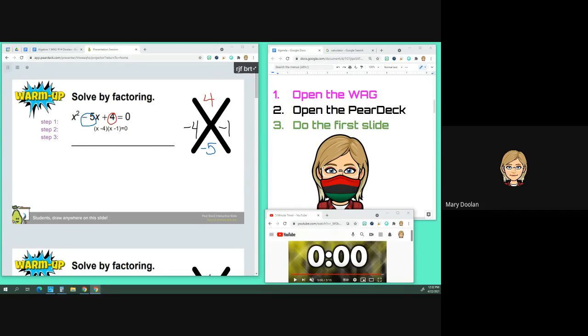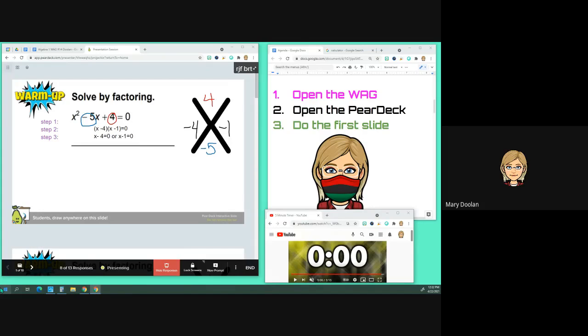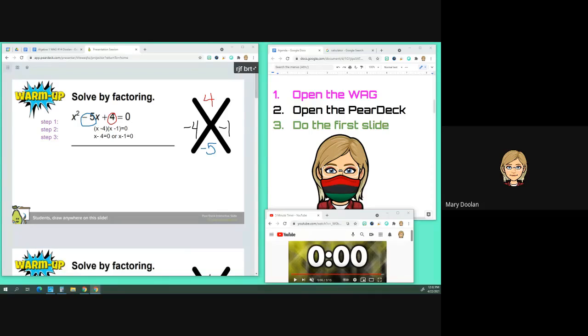So you can drop the parentheses and write x -4 equals 0 or x -1 equals 0. And then your fourth step here is to solve both of these equations. And that would give us our two solutions of what x could be.